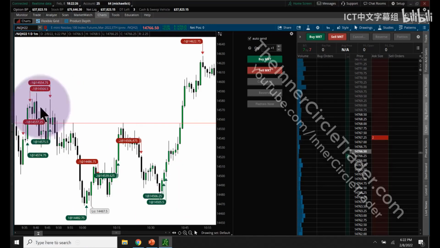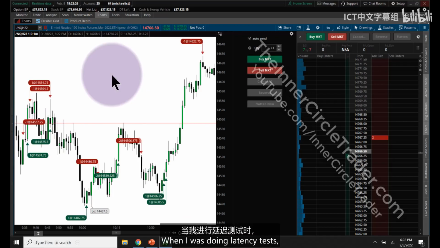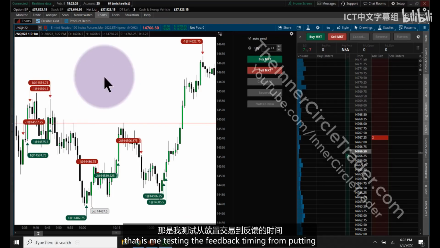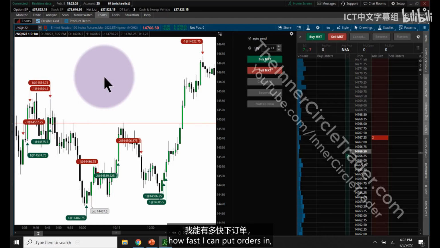This is not latency, okay? When I was doing latency tests, that is me testing the feedback timing from putting a trade in, how fast I can put orders in, what type of slippage I'm getting, because I have an algorithm. And that timing is important for me because this account won't stay at one contract. It'll eventually grow till I can do more.